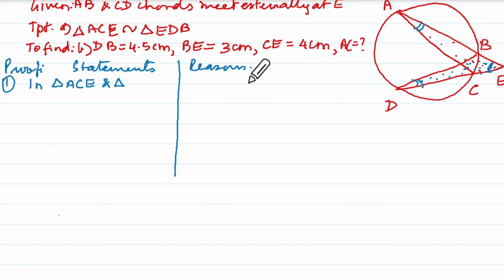Now ACE, have they written in correspondence EDB? No, ma'am. You have to write DB. So ACE means double ring, without ring, and this single ring. So here double ring without ring means B. So DBE it will be.